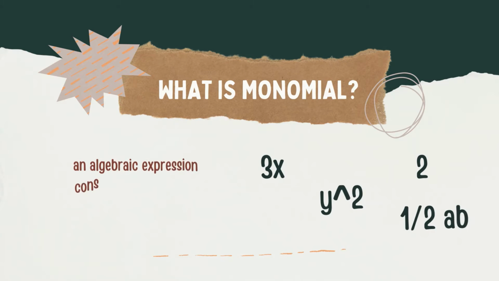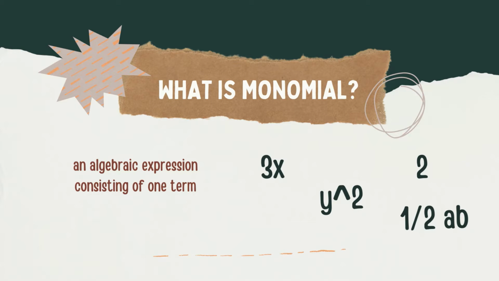A monomial is an expression in algebra that consists of a single or one term only, like 3x, like y raised to 2, or even just 2, or 1 half ab. As long as there is no plus or minus that separates them, that is a single term only, which is called a monomial.